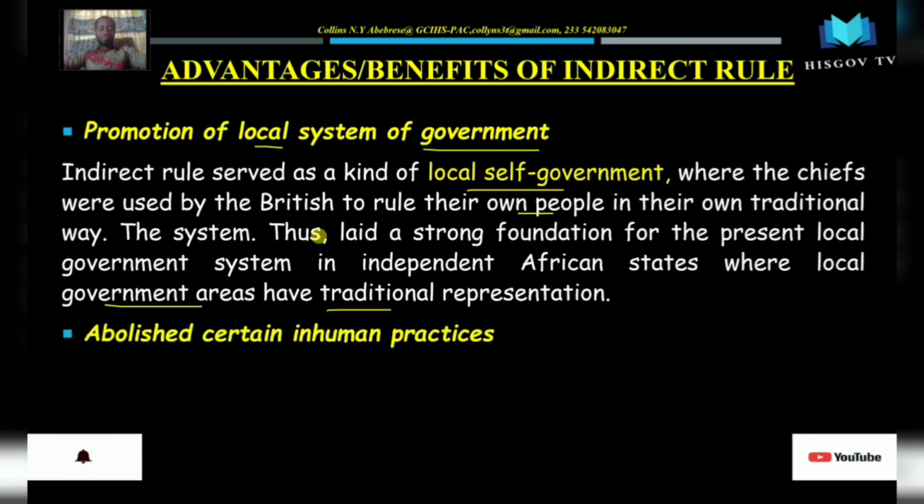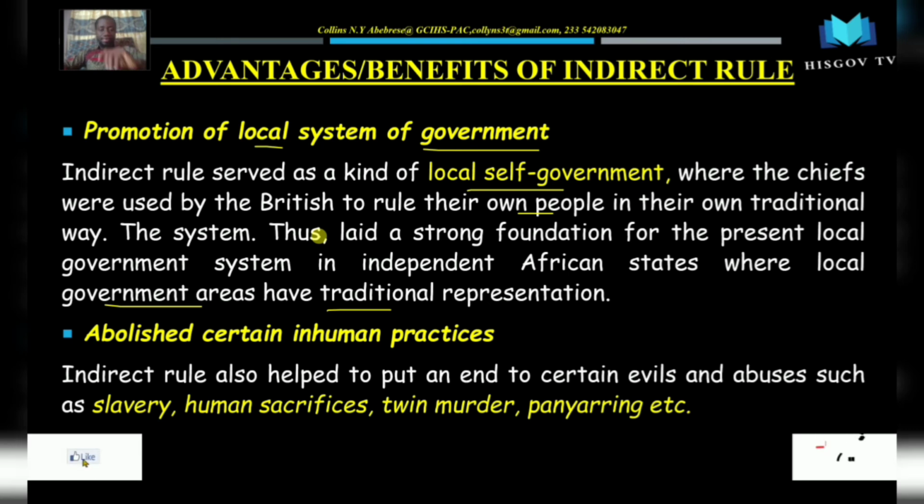I think okay, we have the last one, and then we'll bring the discussion to an end. Let me see. So indirect rule also helped to abolish certain inhuman practices. It is believed that our forefathers, or Africans, were into certain inhuman practices, such as human sacrifice, twin murder, panyaring, as well as slavery.